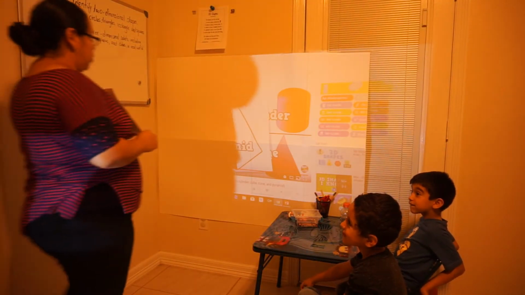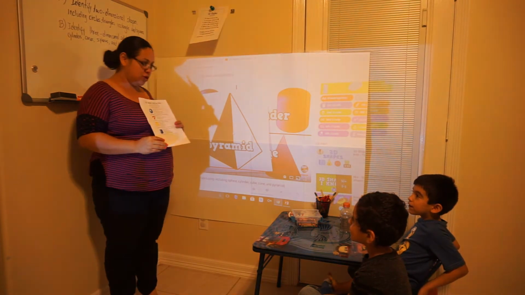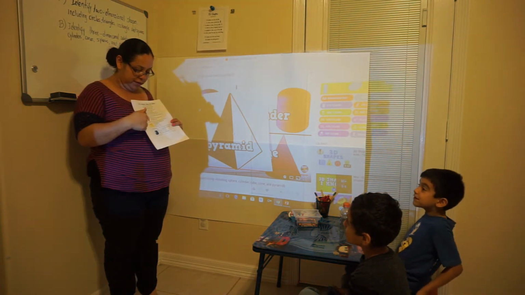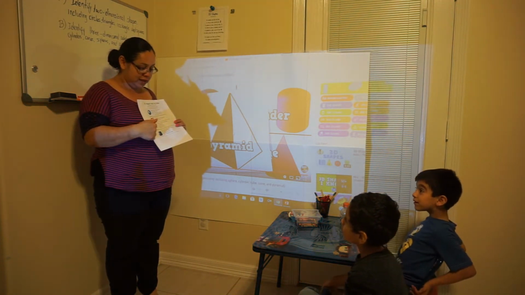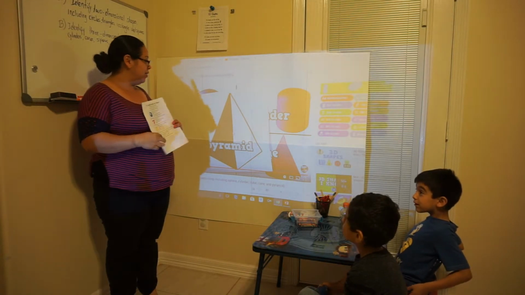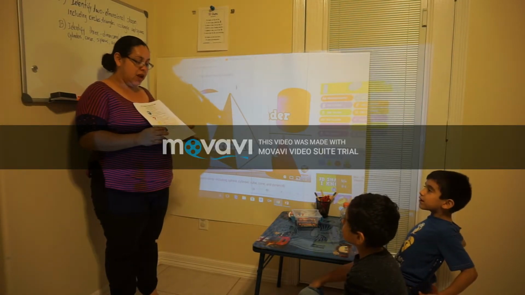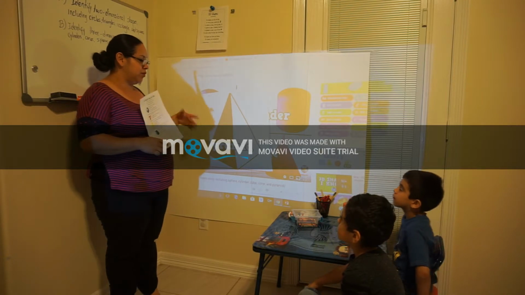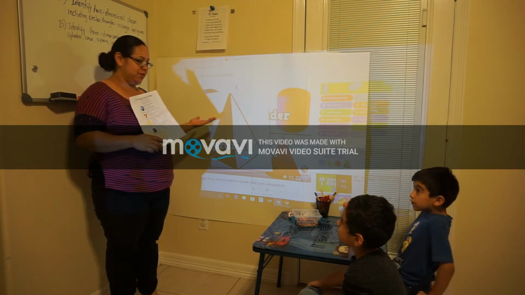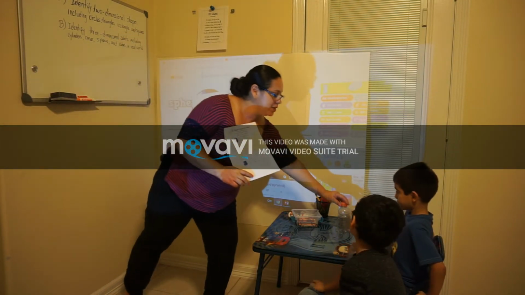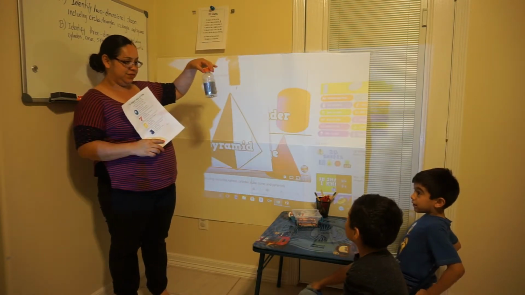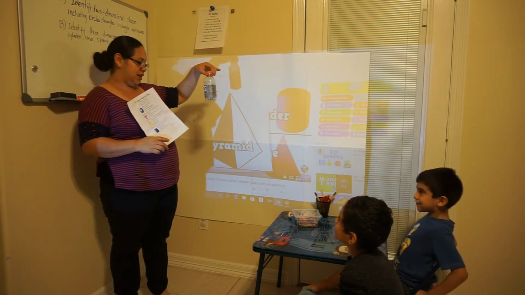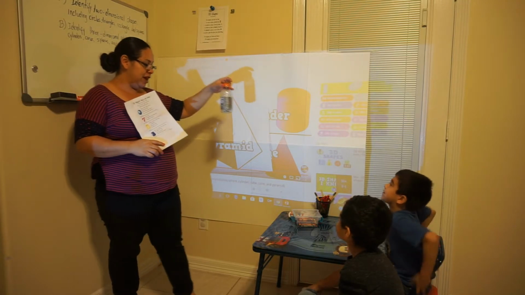Of those 3D shapes that you saw, a sphere, a cone, a cylinder, a cube, and a pyramid, did you recognize some things from life? Like, what shape is this? A cylinder, yes.